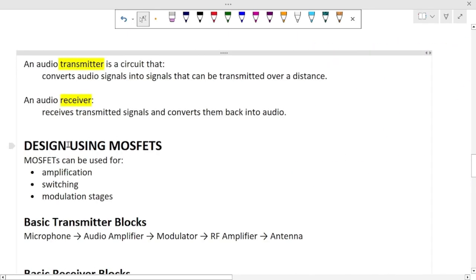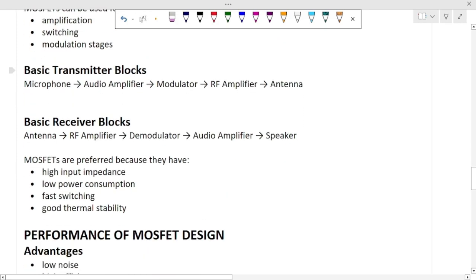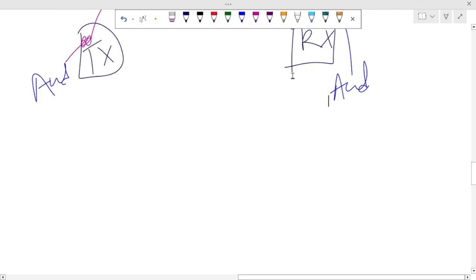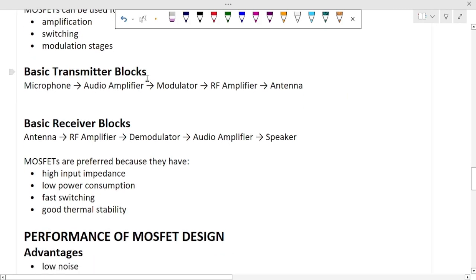Now, design using MOSFET. MOSFET can be used for amplification, switching, and modulation stage. Now look at the basic transmission block. There are two blocks here: the transmitter block and the receiver block. For the transmitter block, the microphone is the beginning, like you speak into the mic.